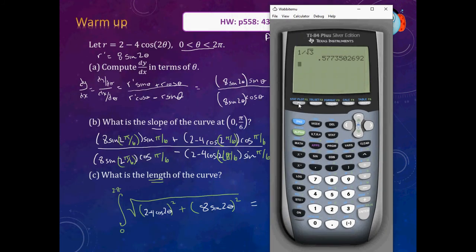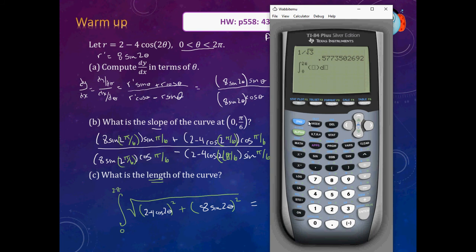So I could put 8 sine 2 theta from 0 to 2 pi.